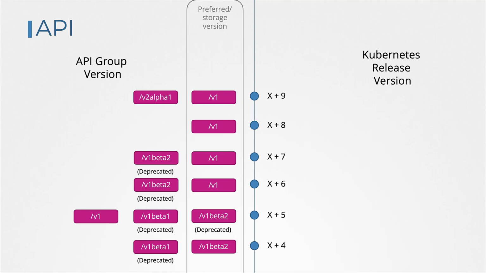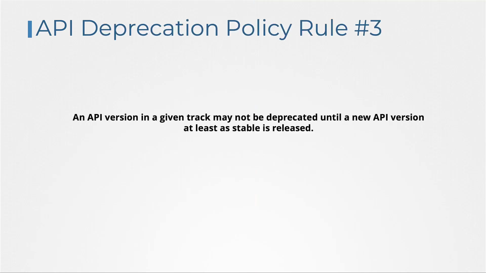So now that we have the v2 alpha 1 version ready, can we deprecate the v1 version now? No, because that's where rule 3 comes in, and rule 3 says an API version in a given track may not be deprecated until a new API version at least as stable is released, meaning GA versions can deprecate beta or alpha versions, but not the other way around.